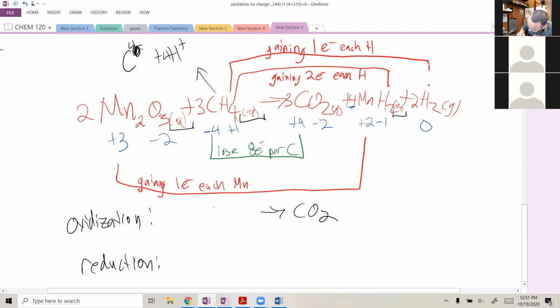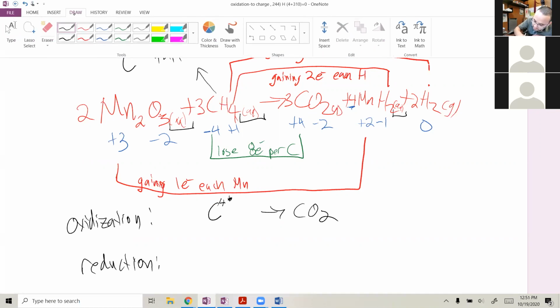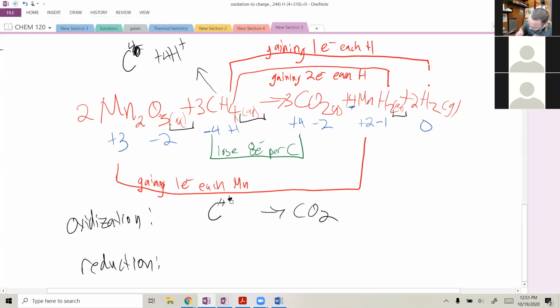So the oxidation reaction is looking something like this. C4 minus is aqueous, and is going to CO2 as a gas. And we said that it was going to lose 8 electrons.